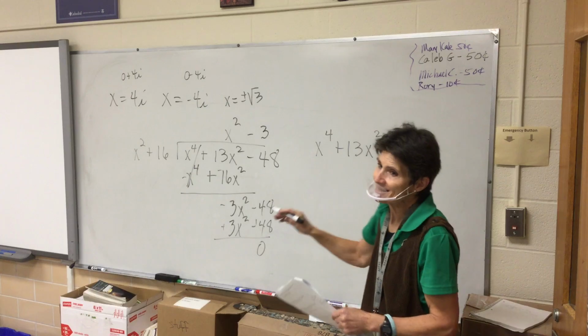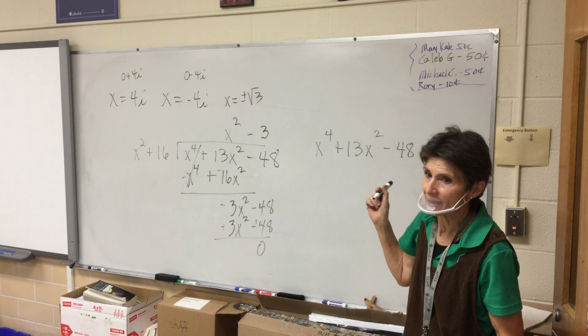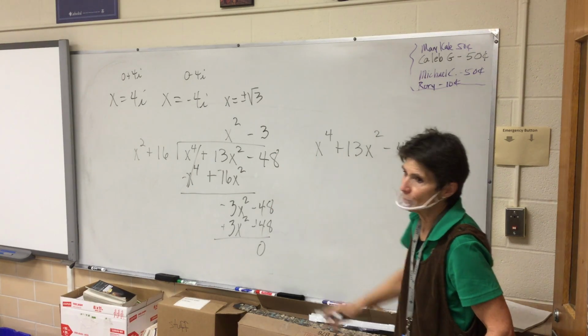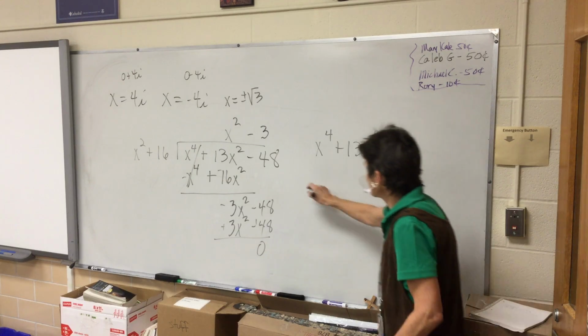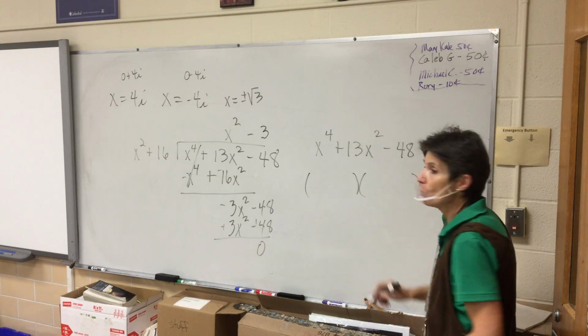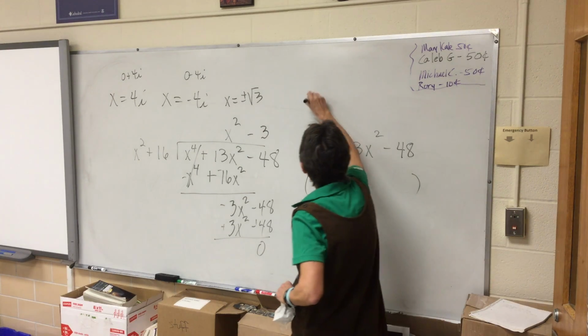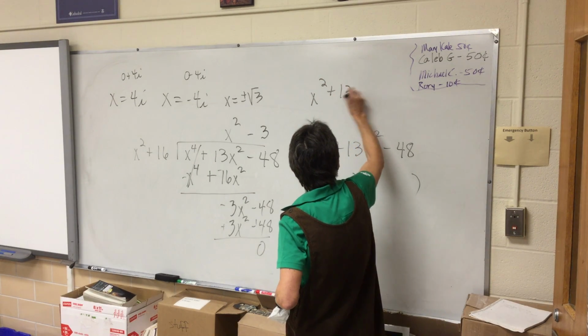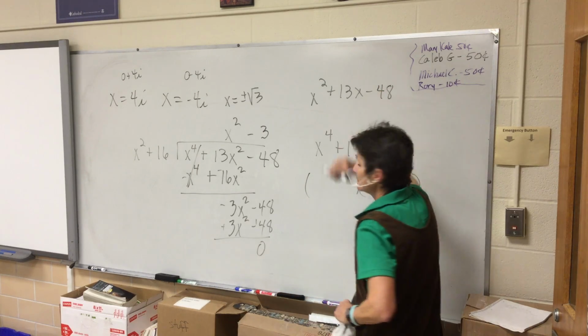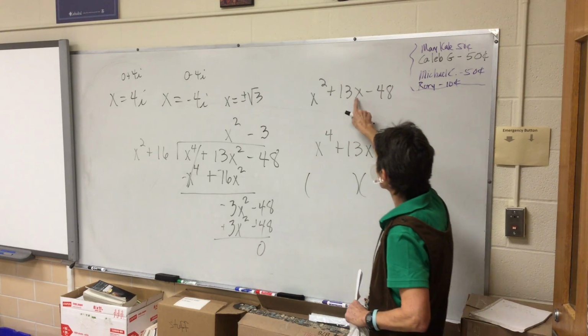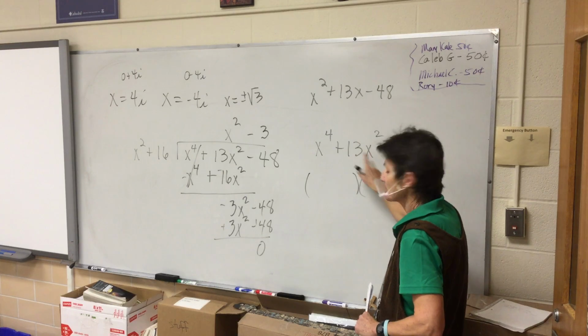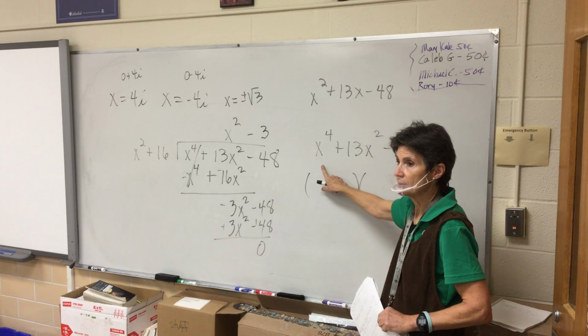So if I noticed that, I wouldn't have had to go through all that work. This is in what we call quadratic form. It is exactly the same as x squared plus 13x minus 48, except that instead of being x and x squared, it's x squared and x to the 4th.